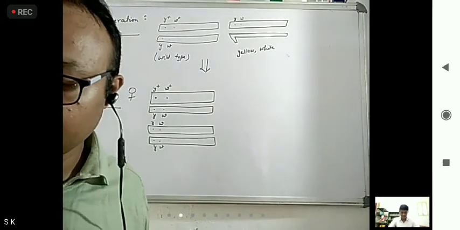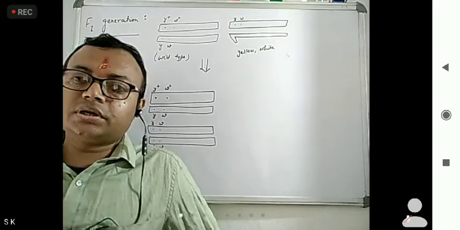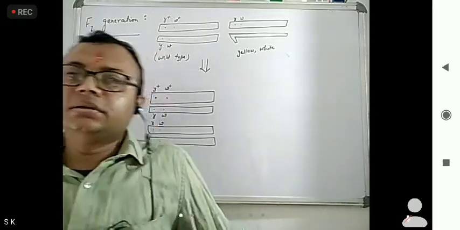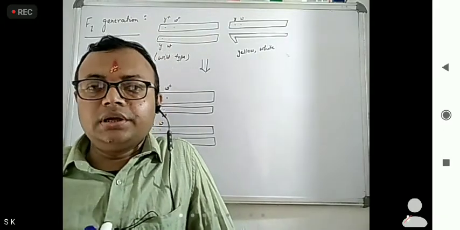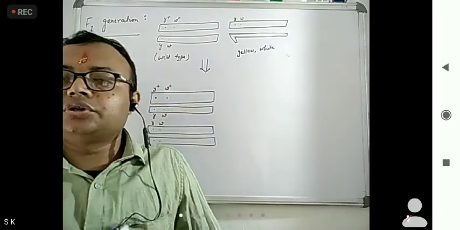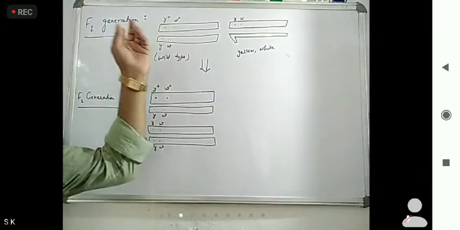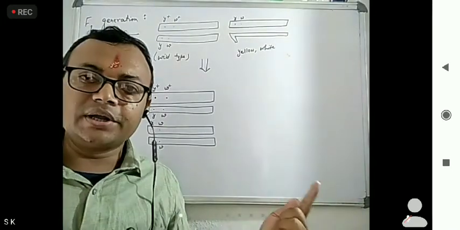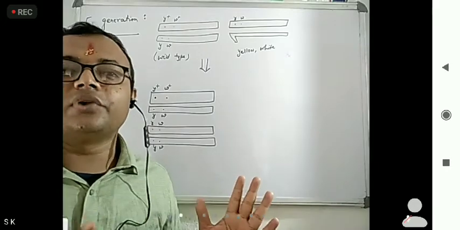Now here, we were discussing the dihybrid cross conducted by Morgan. Morgan conducted two types of cross. In the first cross, he chose two characters: body color and eye color, for showing the strength of linkage.